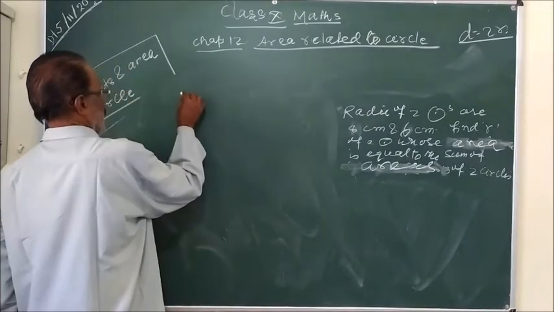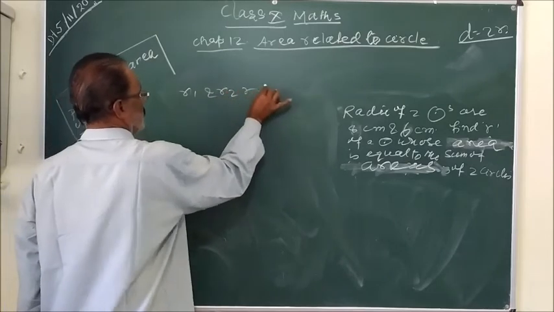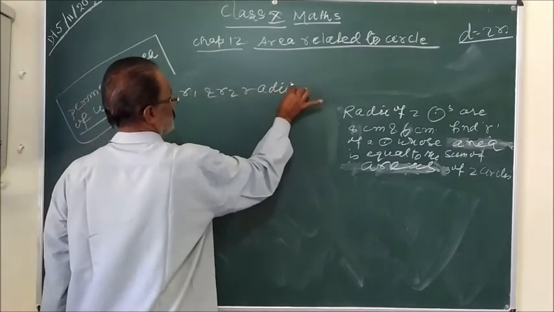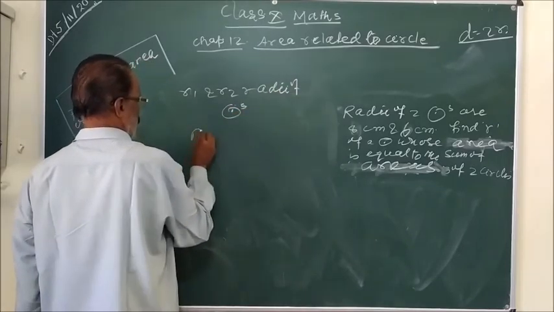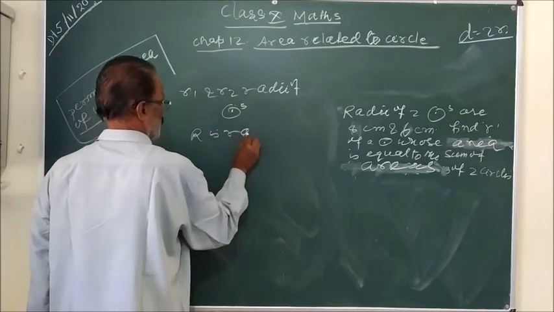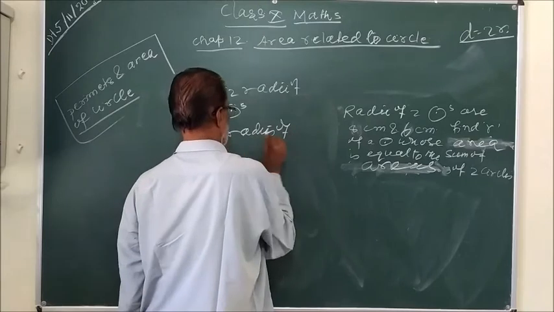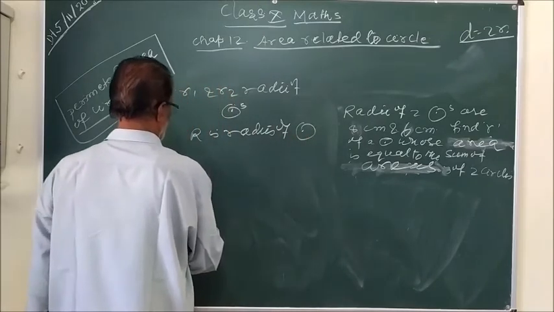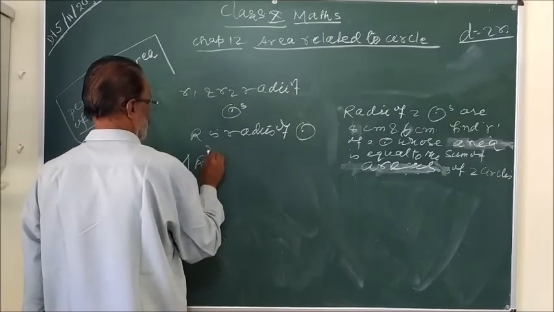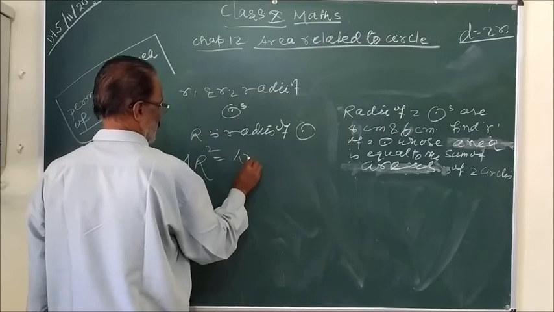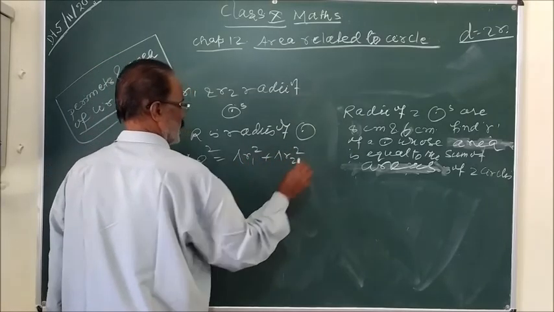In the same way, R1 and R2 are the radii of two circles, and R is the radius of the circle which we have to find out. So the area of the circle, pi r square, is equal to pi r1 square plus pi r2 square. Very simple, isn't it?